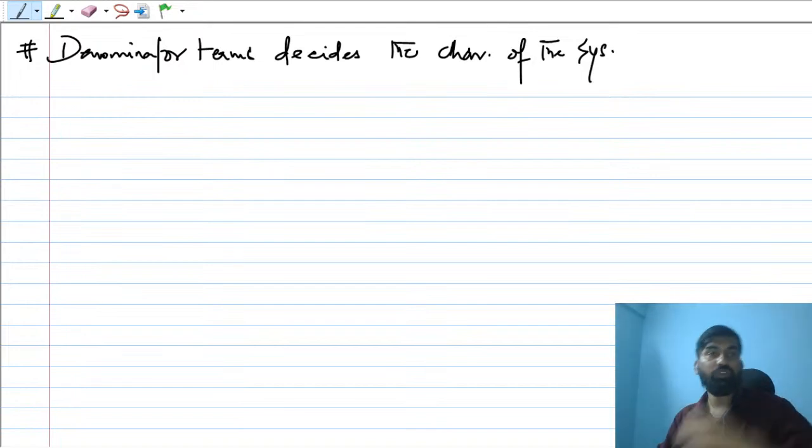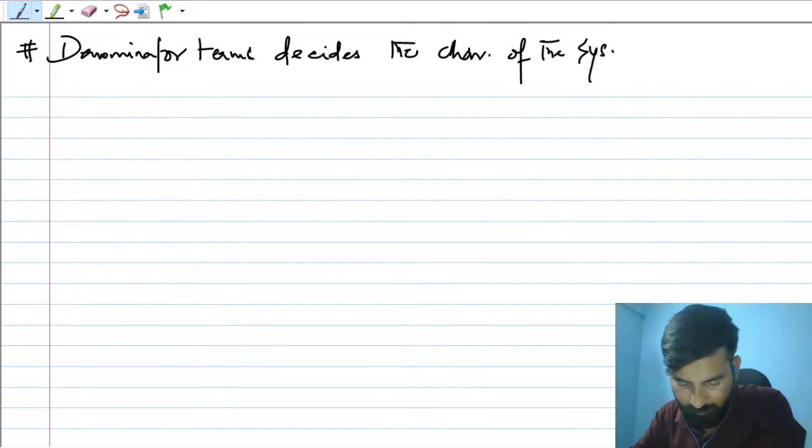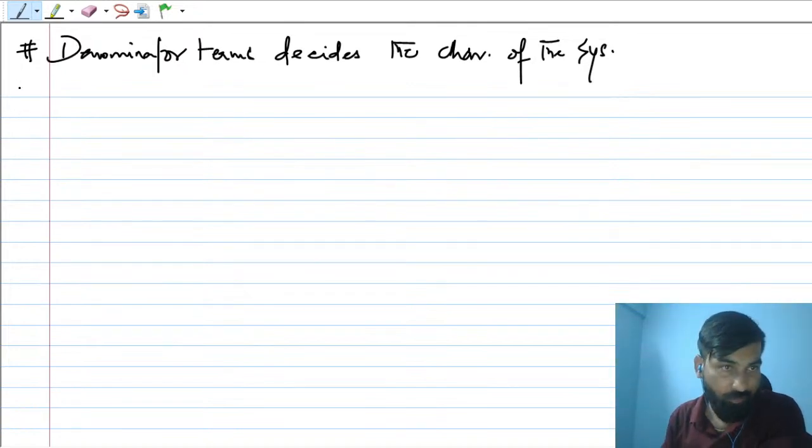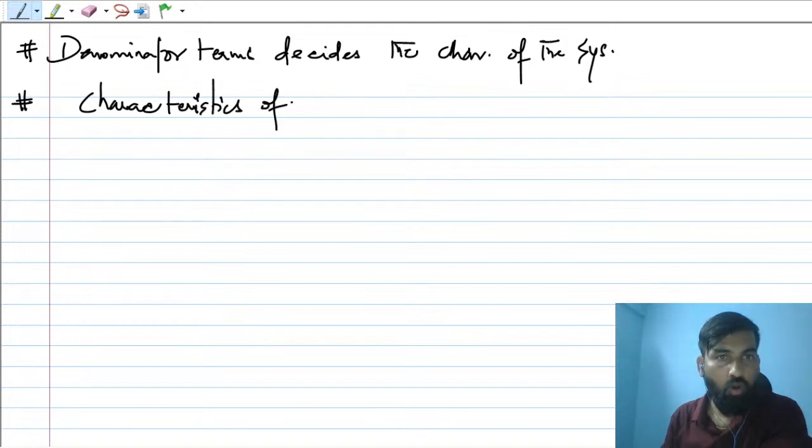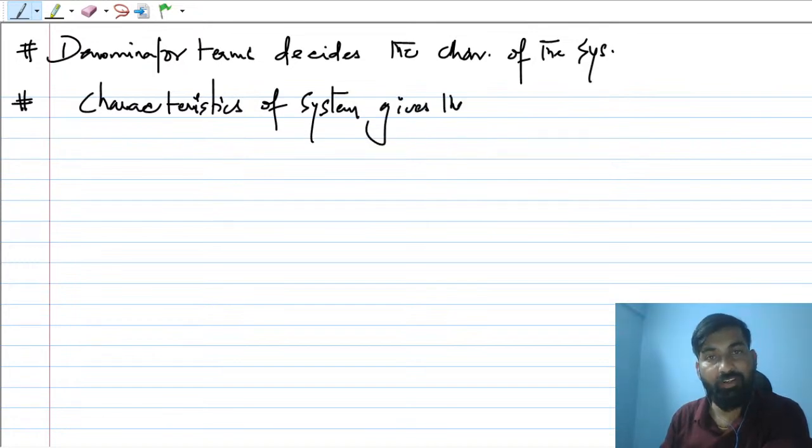So if you equate the denominator to zero, that will be known as the poles of the system. So the characteristic equation gives the system behavior. Understood? The characteristic of the system gives the behavior of the system.